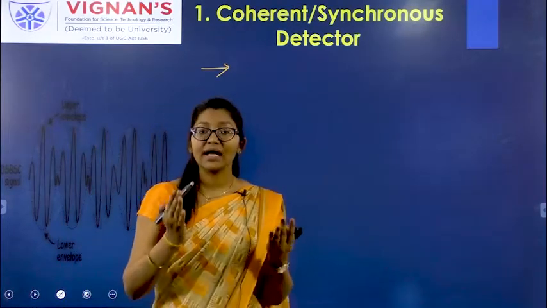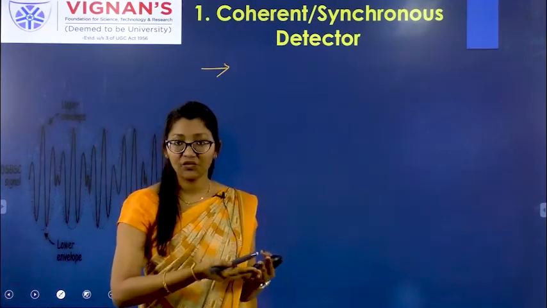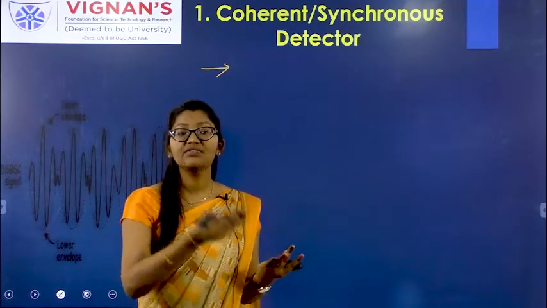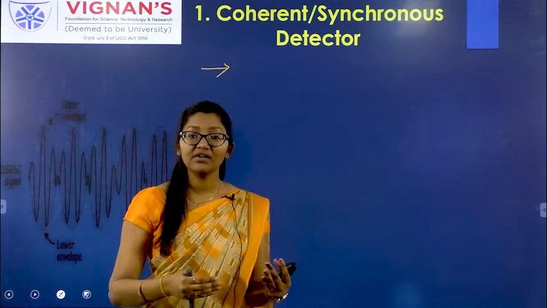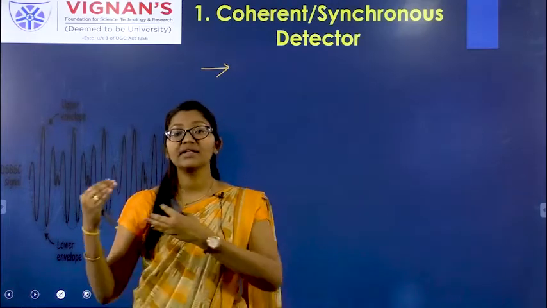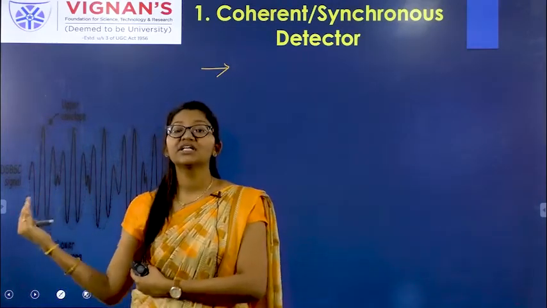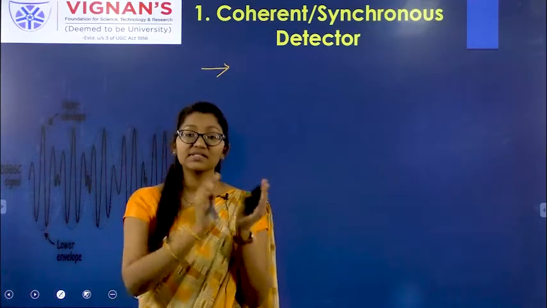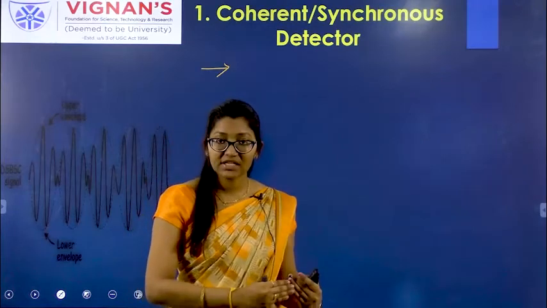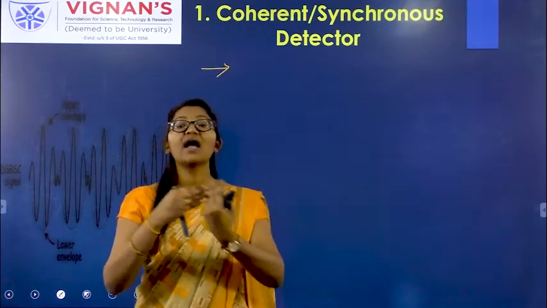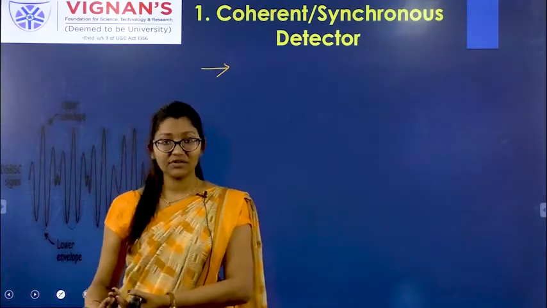Synchronous means actually we have taken a carrier frequency, right? On the transmitter side we have generated our carrier frequency. The same carrier frequency has to be used at the receiver side also for detecting your signal. So that synchronization must be there. The carrier frequency which you are taking at the transmitter side, the same carrier has to be taken at the receiver side.